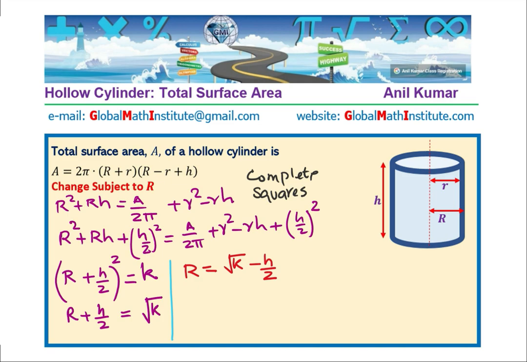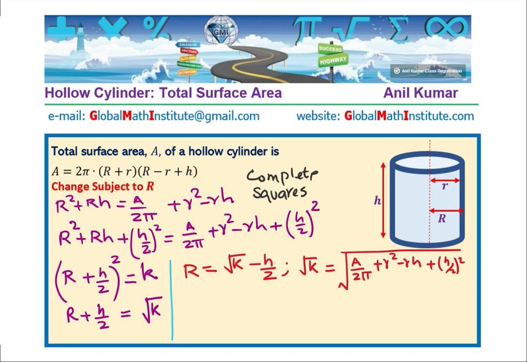And clearly, what is square root of k? Square root of k is equal to the square root of A over 2 pi plus r square minus r h plus (h by 2) whole square. So that is what square root of k is.